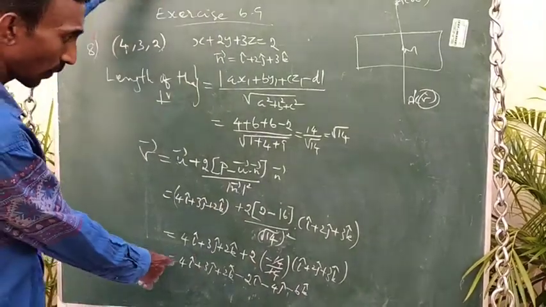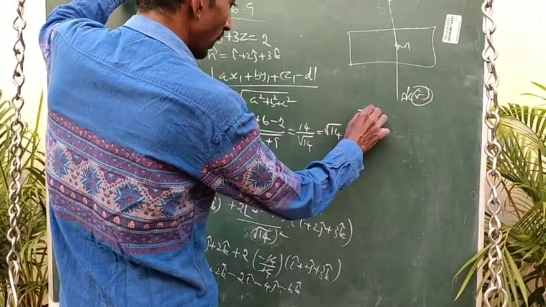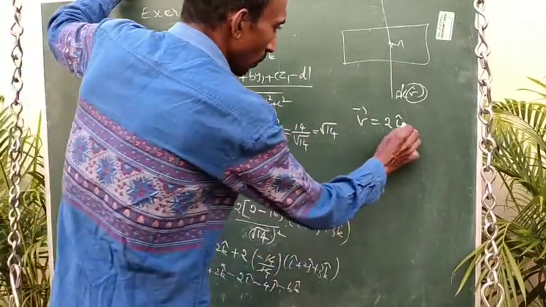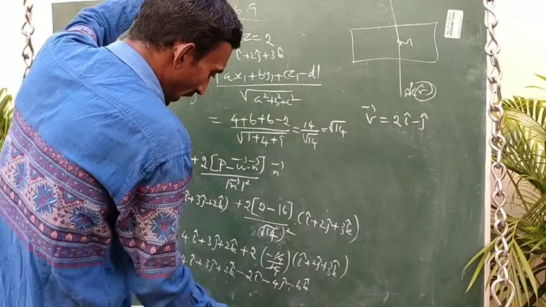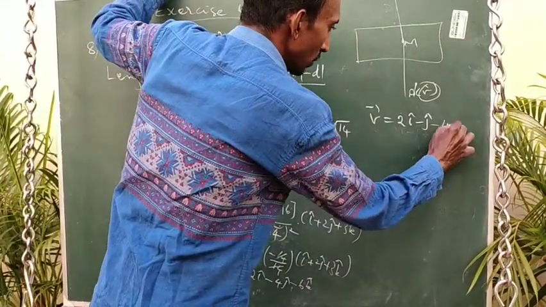Now subtract: 4 minus 2, so the v vector equals 2i, 3 minus 4 is minus j, and 2 minus 6 is minus 4k.